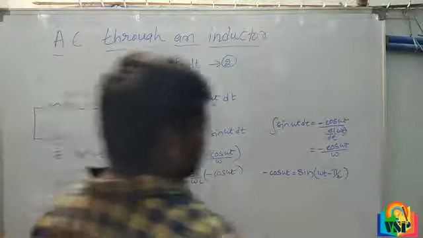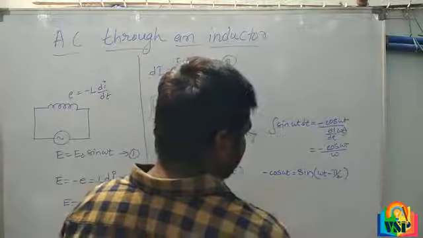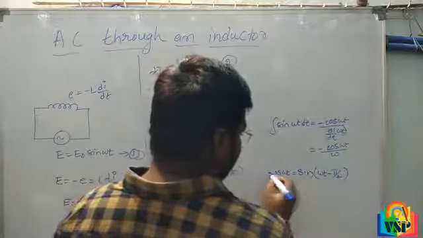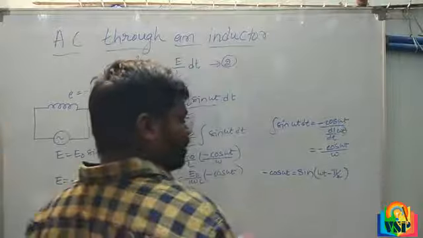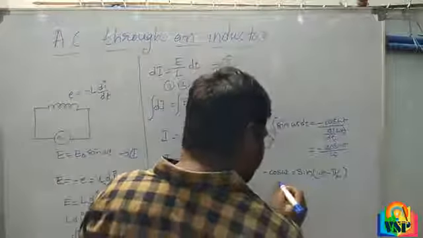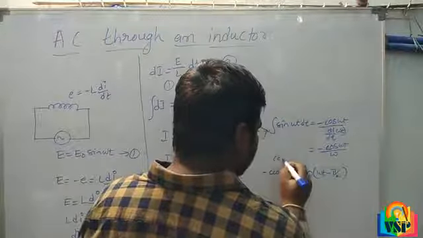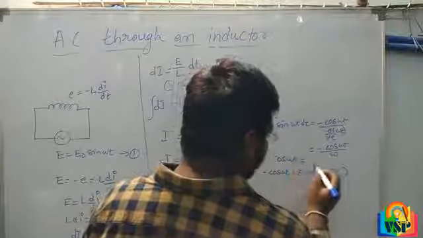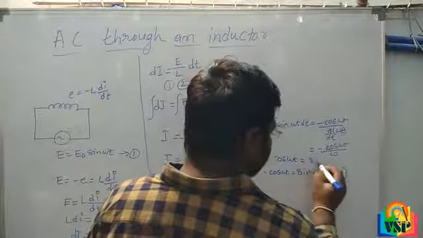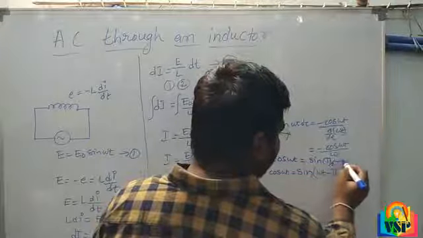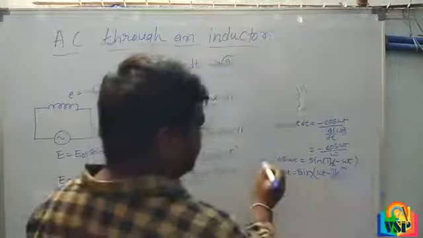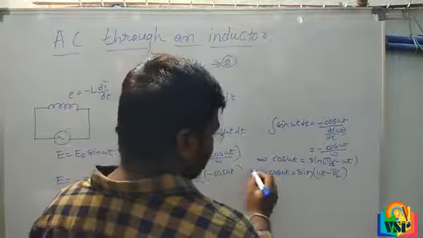Or otherwise, we can write cos omega t is equal to sin pi by 2 minus omega t. So we can use this or the second one.